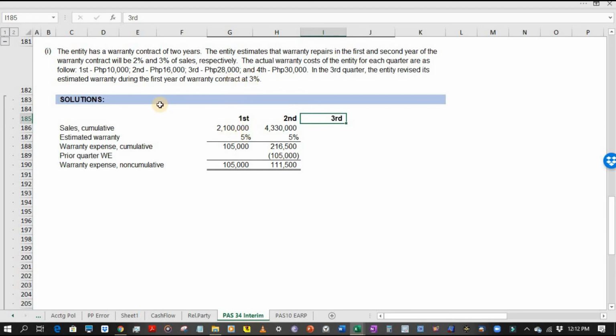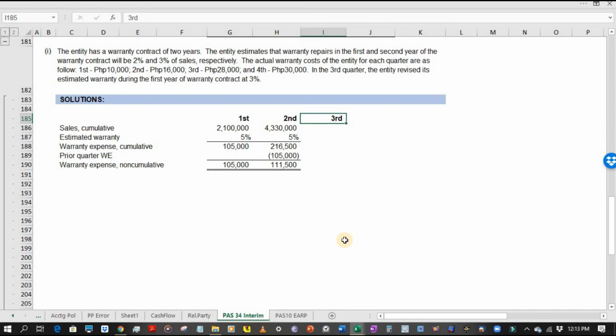So basically what happened is the estimate for the first year and the second year of the warranty contract is now both at 3%, which has a total of 6%. So the revision of the 6% estimated warranty will not only apply starting the third quarter of the year. It will apply for the whole year, which will start in January.